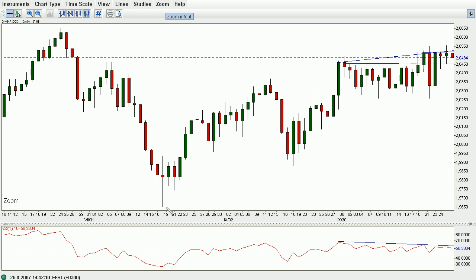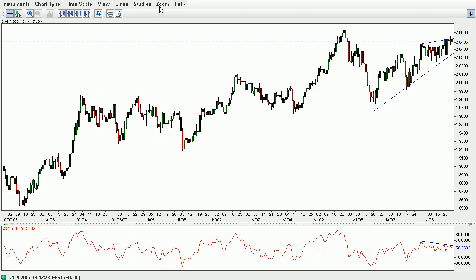Right here we may spot a channel. This is a smaller channel in which, if we have a break above these highs here, we may see our currency pair touching the upper boundary in the foreseeable future.